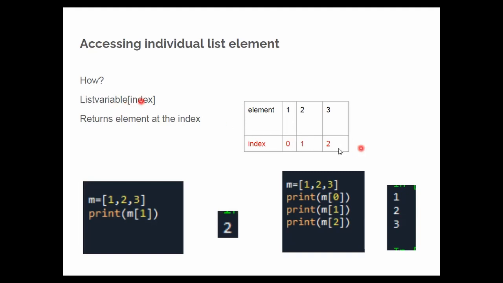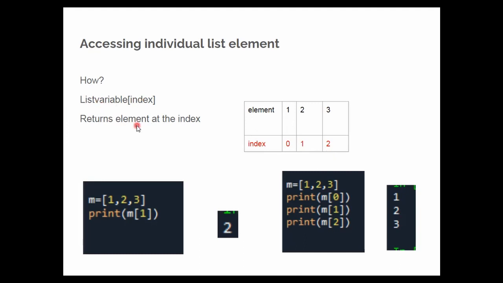Suppose I want to access what is present at index number 2. For that, I write the list variable name, which is M, and the index is 2. So I write M, then square brackets and 2, which we call M of 2. If you write M of 2, what is going to be returned?